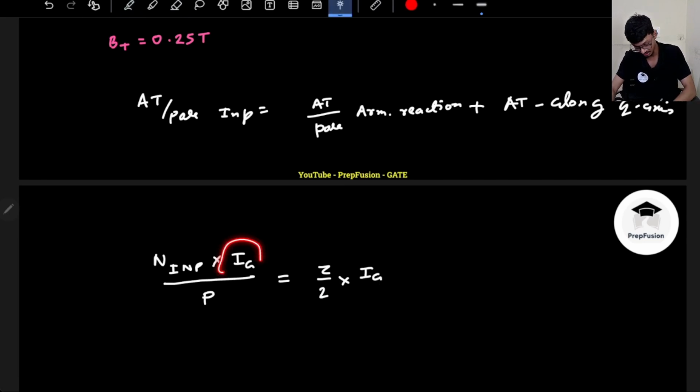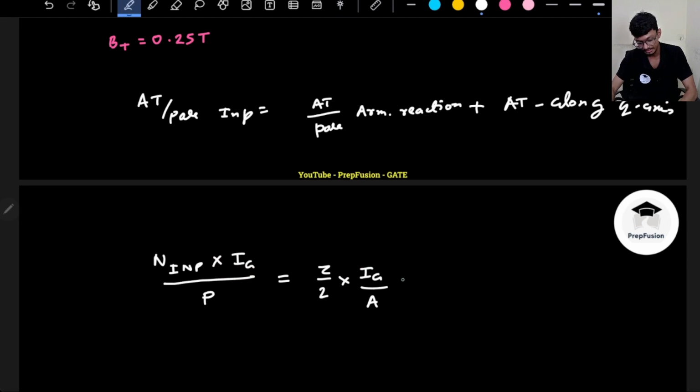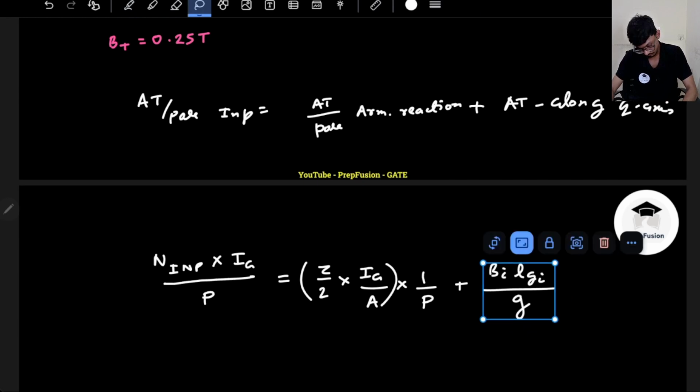Now this is the overall armature current that is in series with the interpole winding, so the winding carries the overall armature current. This will be the armature current per coil, so Ia by A. This is the Ni per pole, so I have to divide by P. Okay. Now plus the additional q axis ampere turns that I have to basically remove, right?